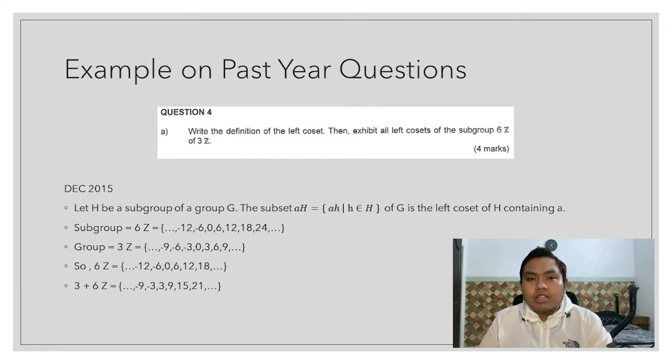The subgroup 6 times integers equals negative 12, negative 6, 0, 6, 12, 18, 24, and so on. The group of 3 times integers is negative 9, negative 6, negative 3, 0, 3, 6, 9, and so on. So 6 times integers equals negative 12, negative 6, 0, 6, 12, 18, and so on. And 3 plus 6 times integers equals negative 9, negative 3, 3, 9, 15, 21, and so on.